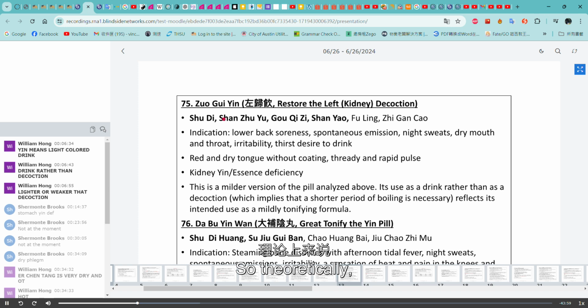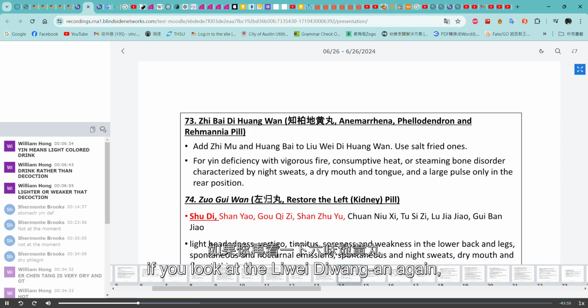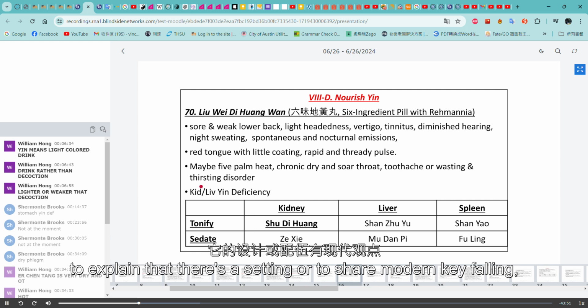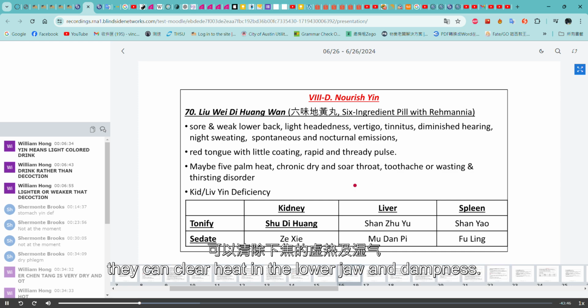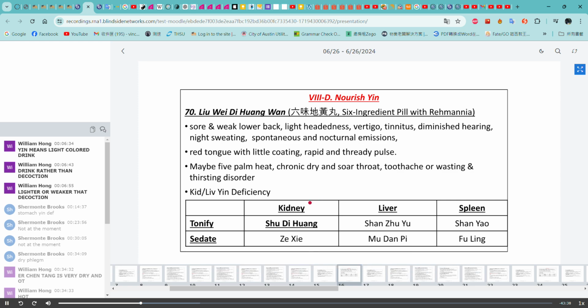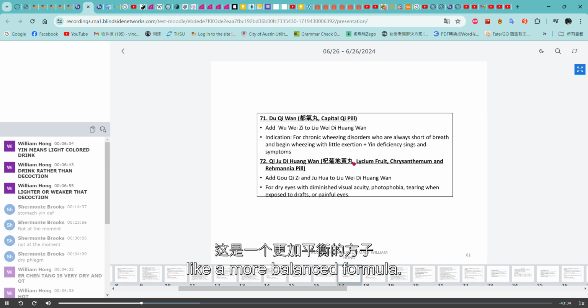Theoretically, if you look at Liu Wei Di Huang Wan, I explained that there's a set of Zexie, Mudanpi, Fuling, which can clear heat in the lower jiao and dampness, so that can compensate those yin-nourishing herbs, right? So that's what I mean, a more balanced formula.